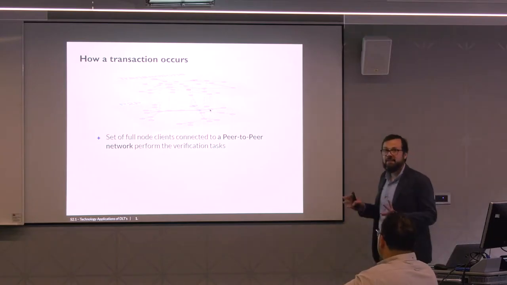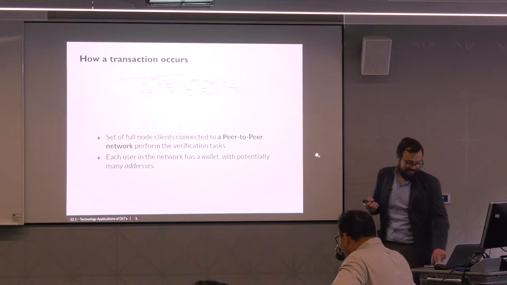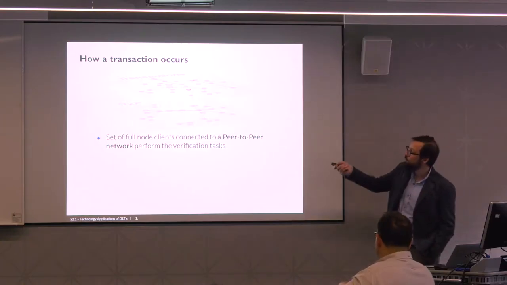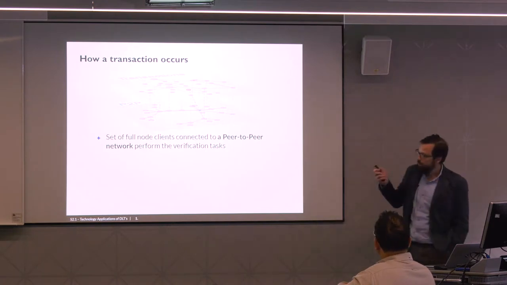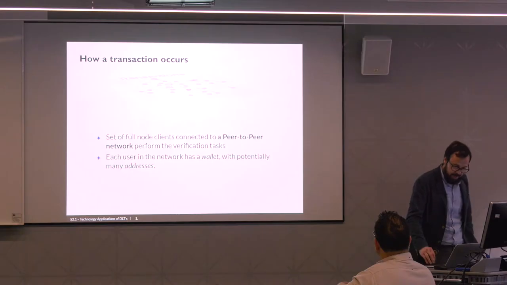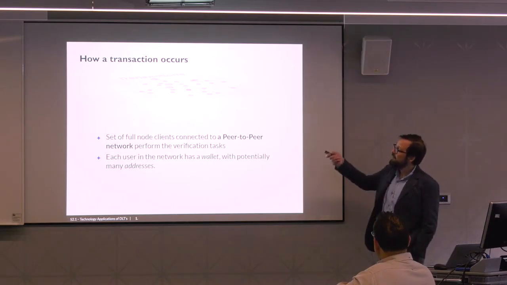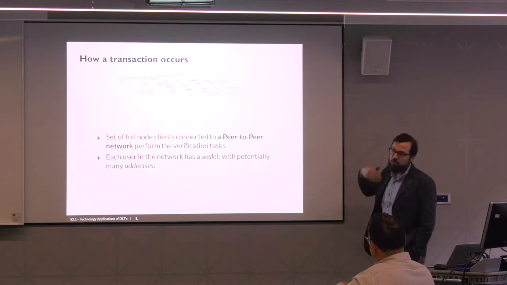There are two layers at which we can look at this. Remember, this is the network, this is a peer-to-peer network that performs the verification task. One important aspect of this system is that the different users that are connected to the network have what usually is called wallets.